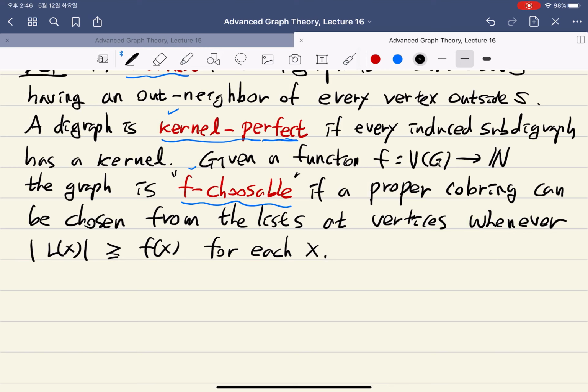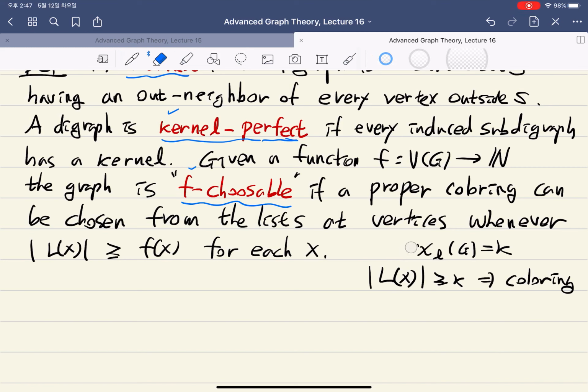So least chromatic number K means that if we have a list assignment so that every list at a certain vertex is always at least K, then we can finish the coloring.